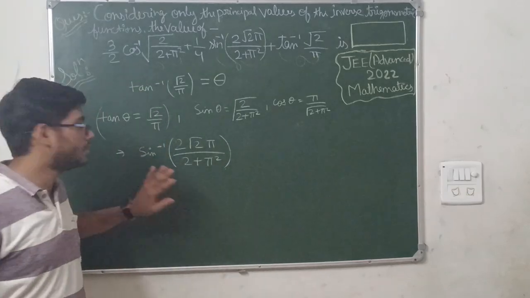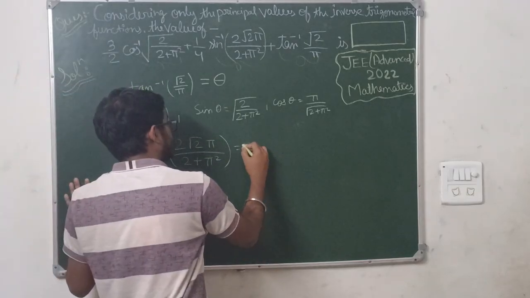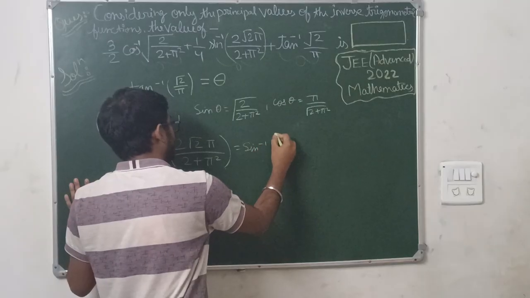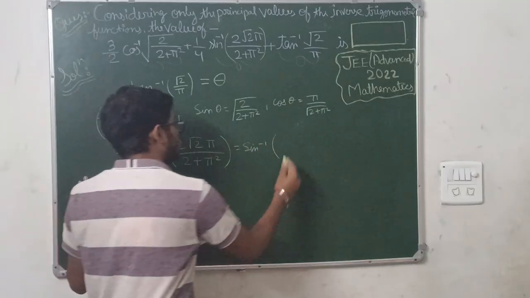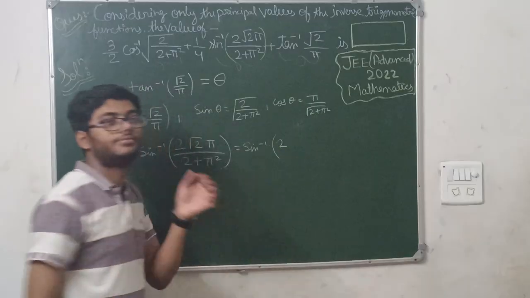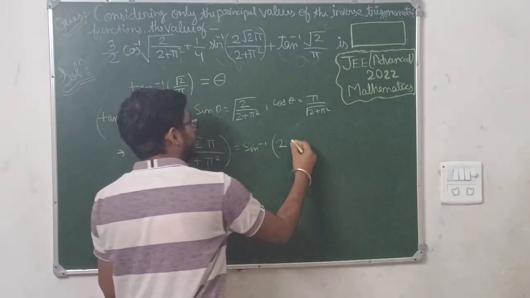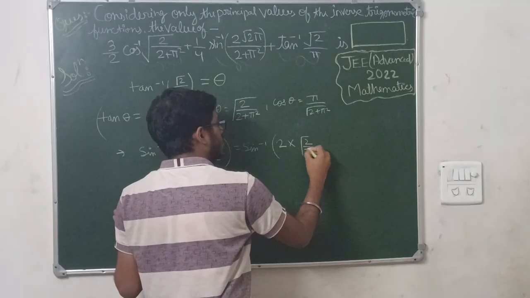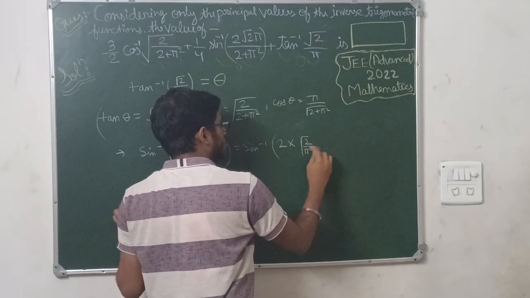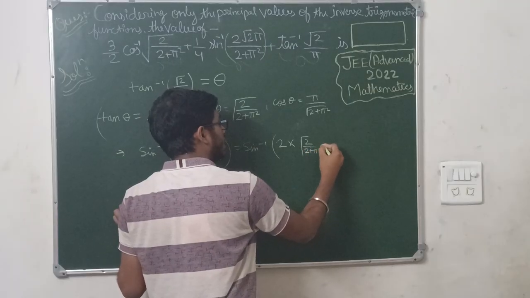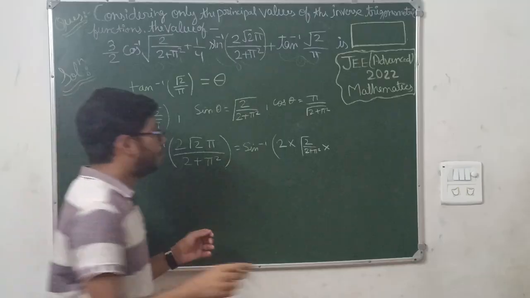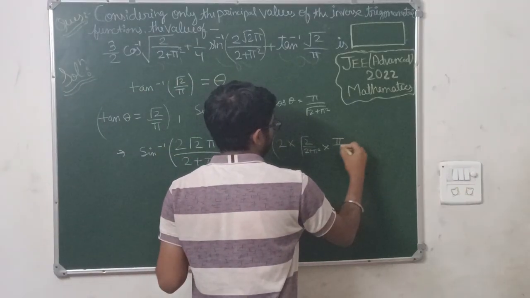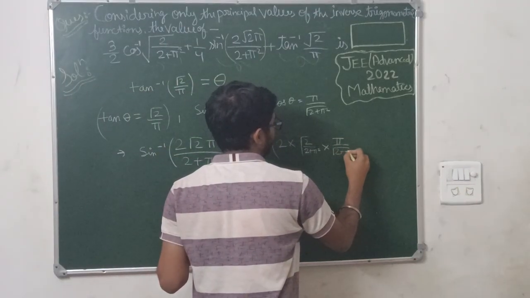If I rearrange it, we can write 2 here, multiplied by root 2 upon root over 2 plus pi square, into pi upon root over 2 plus pi square.